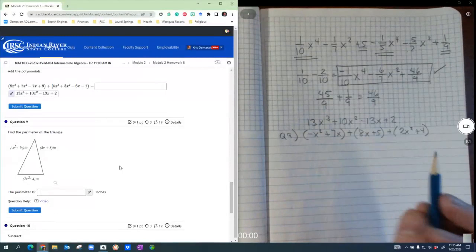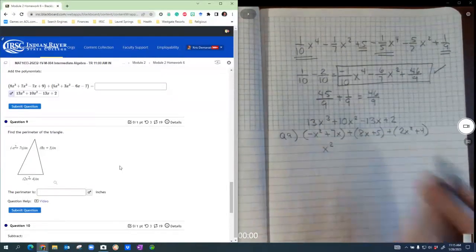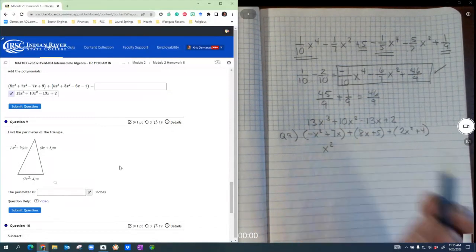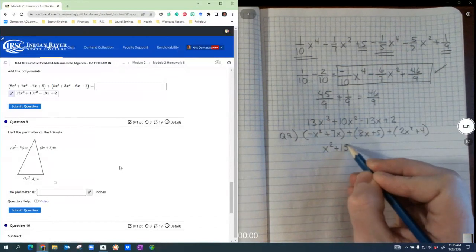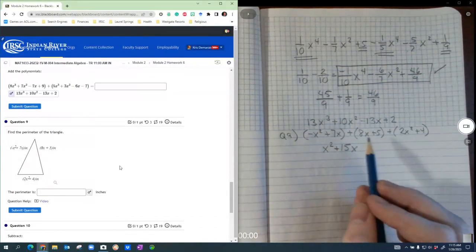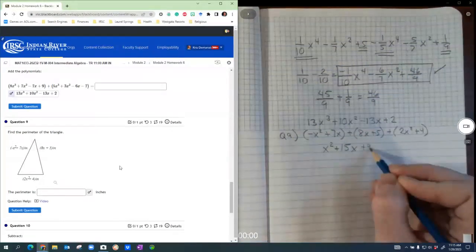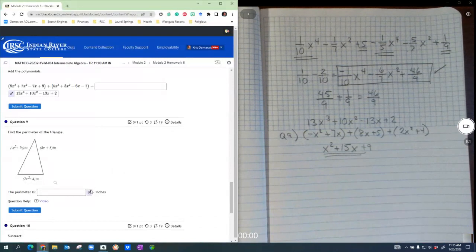So add this to this, and that gives us x squared, because negative 1 added to positive 2 is 1. Add 7 to 8, and get 15x. And then adding 5 to 4, we get 9. And there's our answer that we're looking for. Of course, it's in inches.